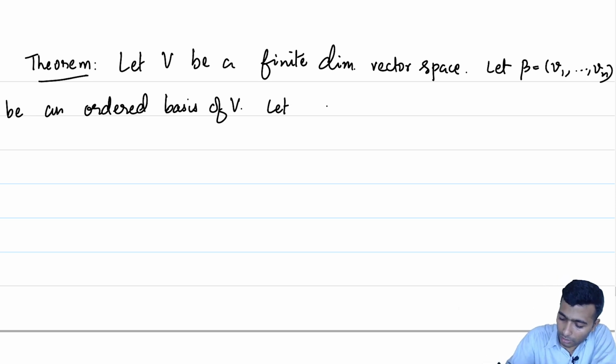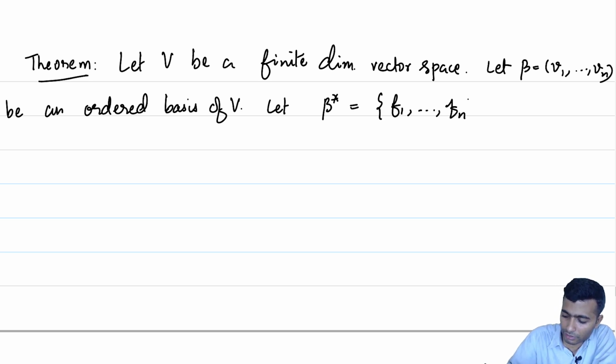So, let beta star be given by F1 up to Fn, which we just defined.